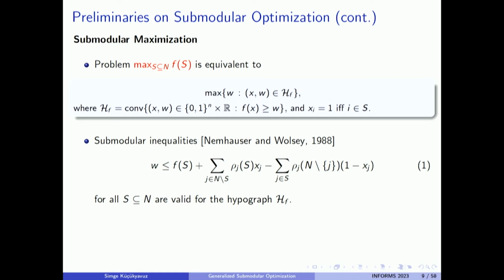This is now capturing the hypograph of a submodular function. This is one class of inequalities that are known to be valid and capture the objective function values, sort of an upper bound of the objective function value.